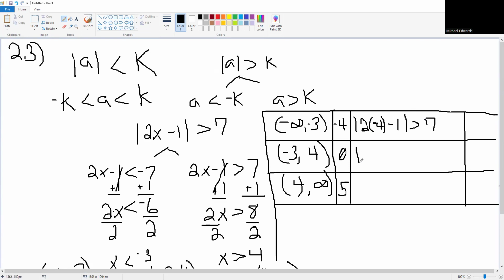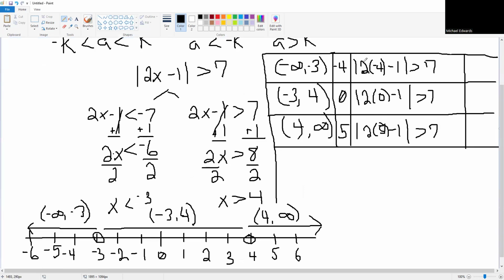Then this one would be the absolute value of 2 times 0 minus 1 greater than 7. And then this one would be 2 times 5 minus 1, absolute value, greater than 7.